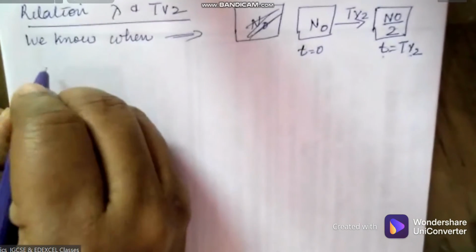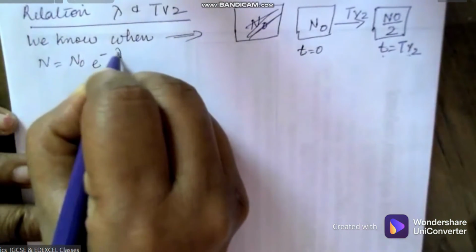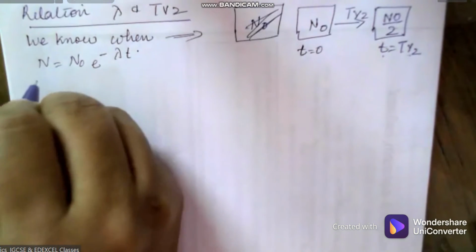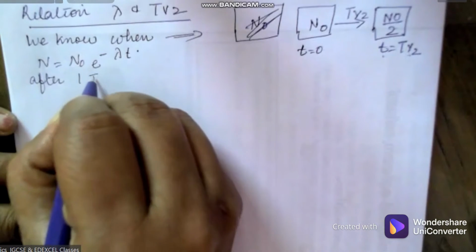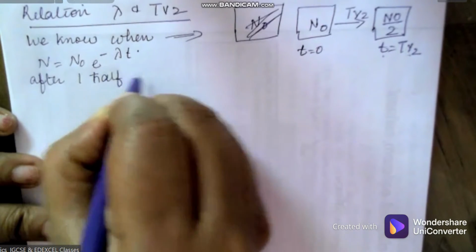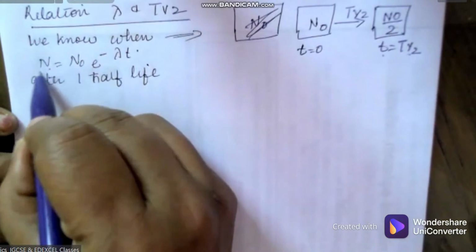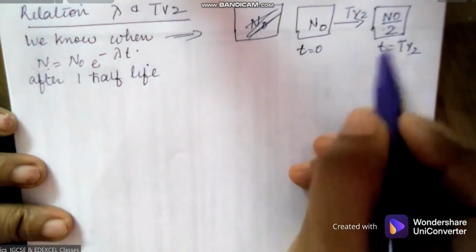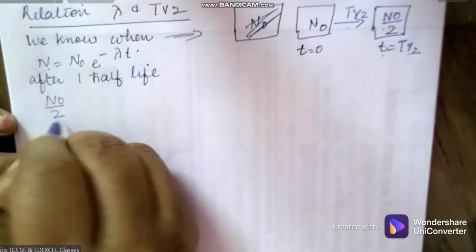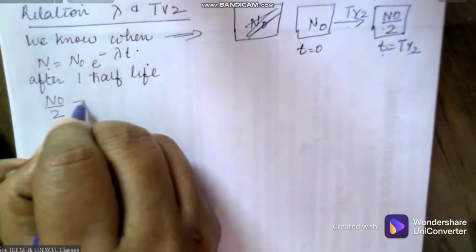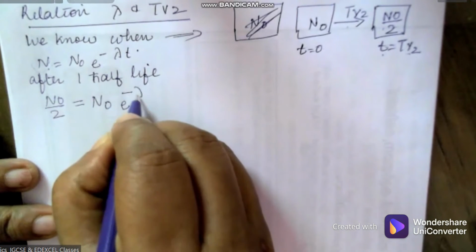So now let us write the equation. N is equal to n naught e to the power minus lambda t. So after one half-life, what will be the present number? After one half-life, the present number is n naught divided by 2, which is equal to n naught e to the power negative lambda t.